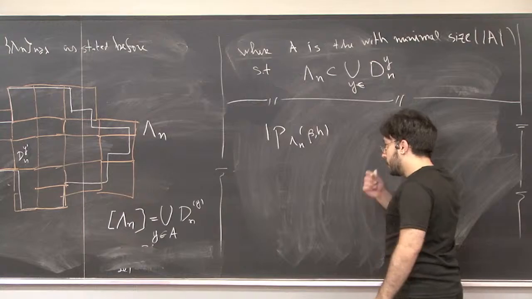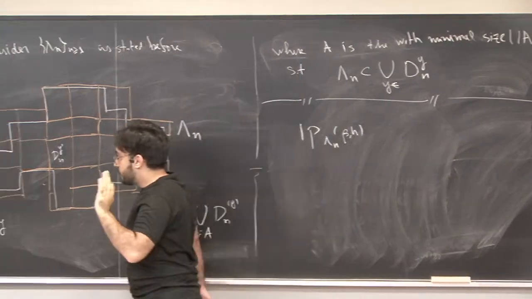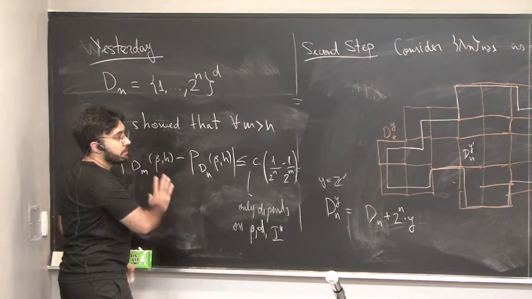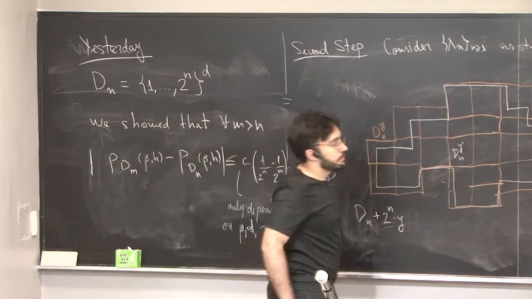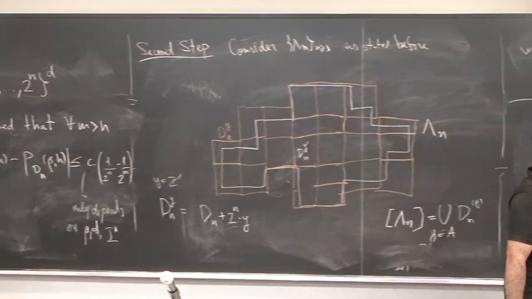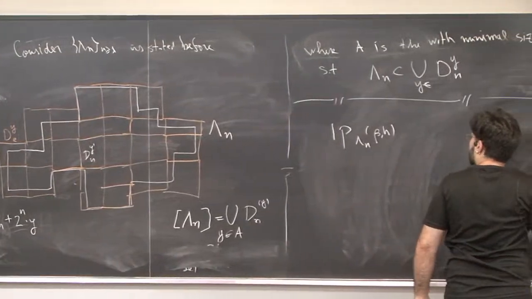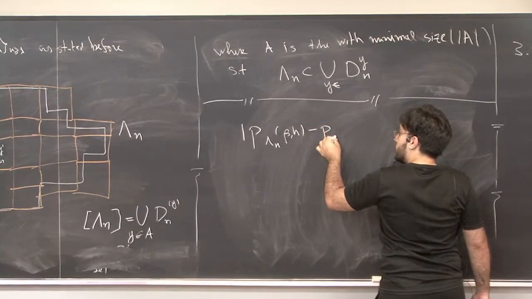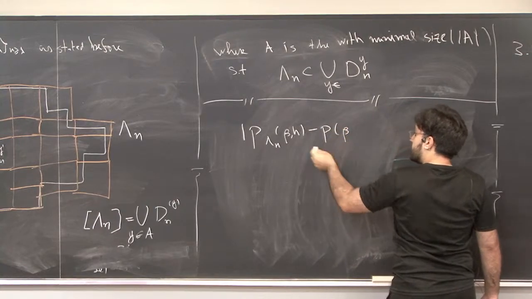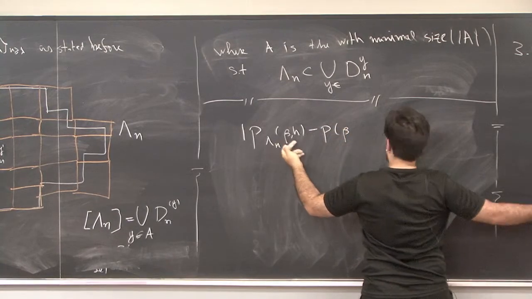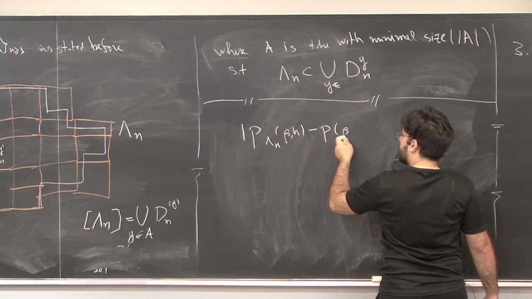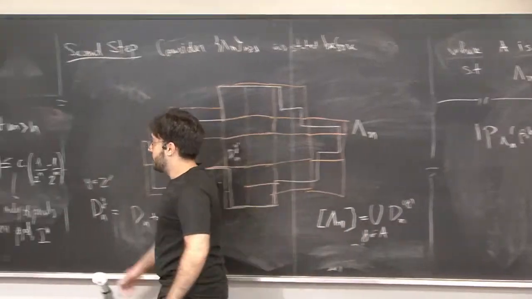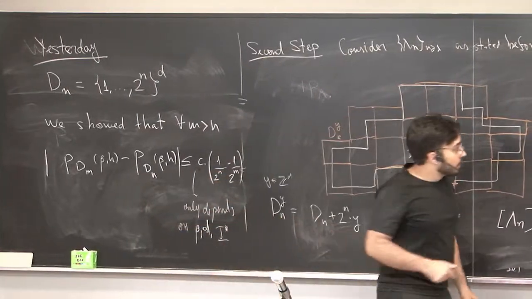Just another thing: when I don't write anything here, I mean that I'm in the empty boundary condition case. The case with boundary condition I will talk about later. So I want to show that this goes to 0, to show that for any sequence it converges to this value. This value is defined as the one that this sequence converges to.